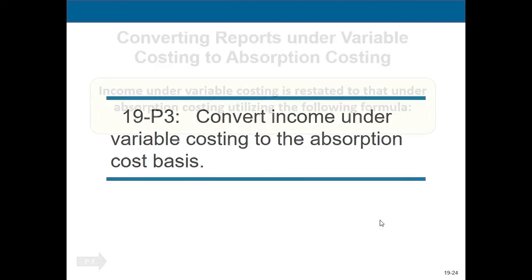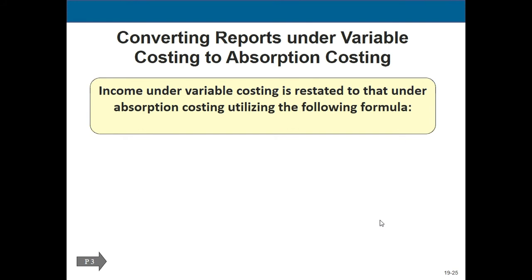But we probably have to get down to some point the why. Don't ever forget, why are we doing this? Why is this going crazy? What I'll tell you here, though, is that this income under variable costing has to be restated to get to absorption costing. Why is that? You don't want to run two sets of books for this, right?